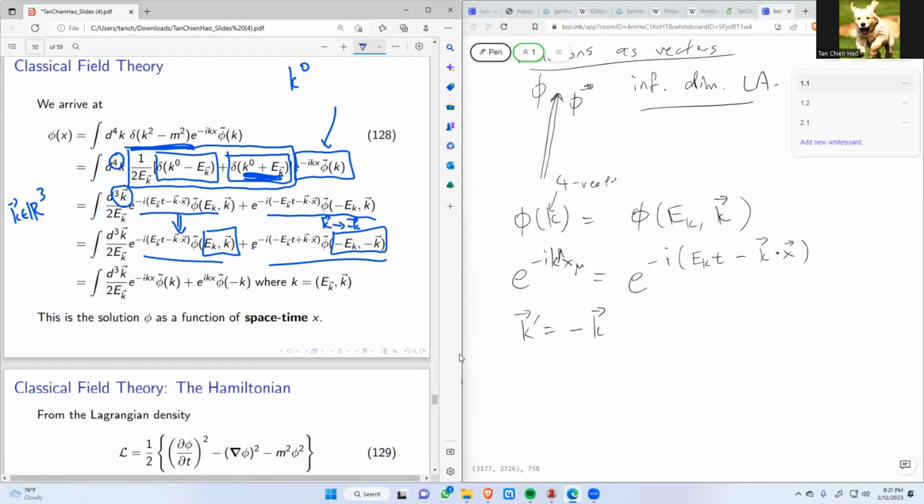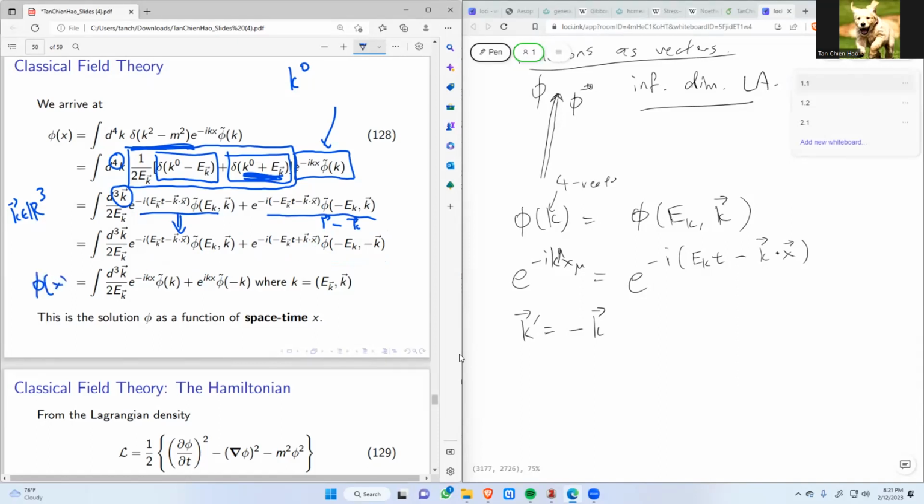Moreover, this term is kx contracted as the four vector dot product, and this one becomes minus ikx and this one is ikx. So that essentially gives me this expression.